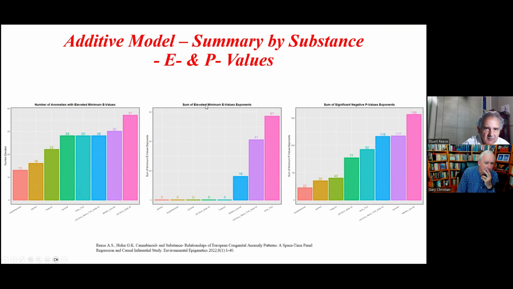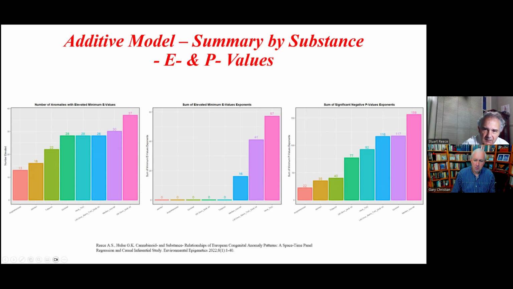Then if we look at the sum of the elevated minimum E-values, these are the exponents. Again, THC herb, last month cannabis, THC resin, and daily cannabis interpolated, THC interpolated. They lead the charge. Alcohol's there, tobacco's there. There's the sum of the minimum E-values, and the sum of significant P-value exponents.